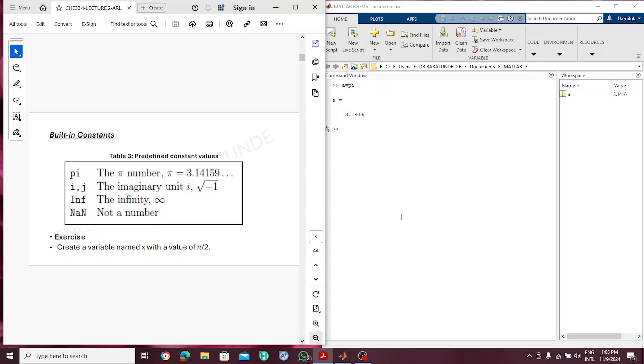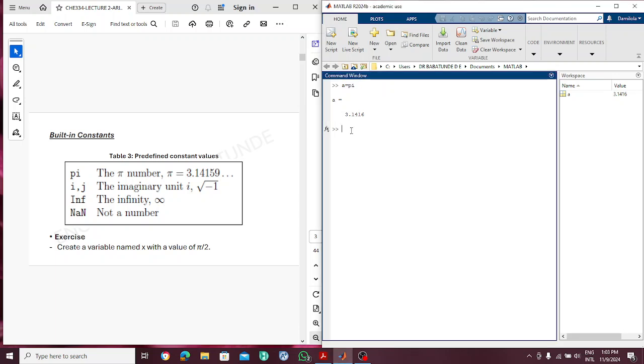From these constants we could get derivatives. For example, we can create a variable x which is equal to pi over 2. When we need pi, like I said, we enter pi. So in this case, pi divided by 2, and we have that result.